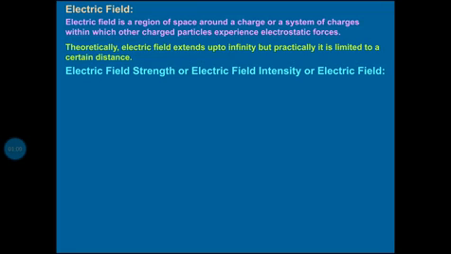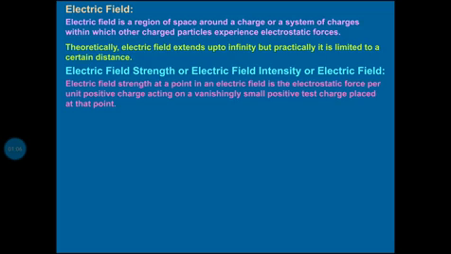Electric field strength, or electric field intensity: what is that? Electric field strength at a point in an electric field is the electrostatic force per unit positive charge acting on a vanishingly small positive test charge placed at that point.